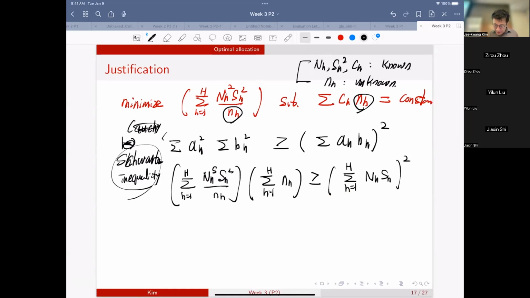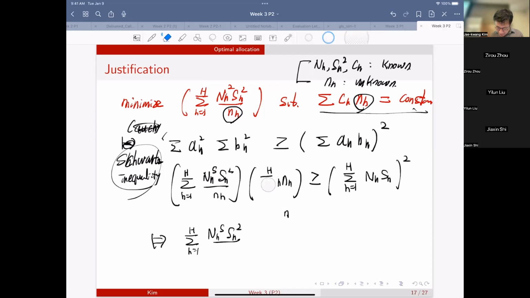And then this side is n, so then you actually have a, sorry, Cn, right? Because this is a constant, the constraint.